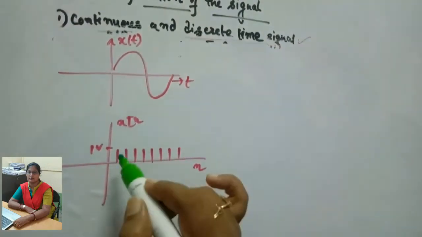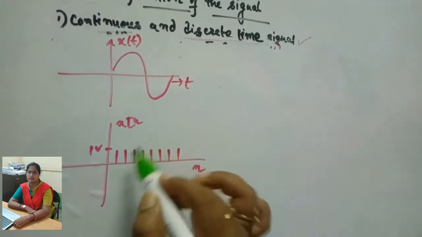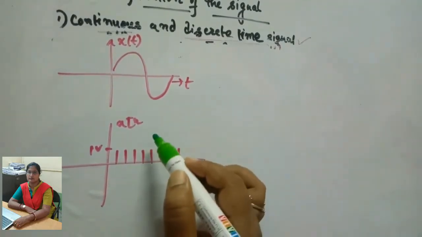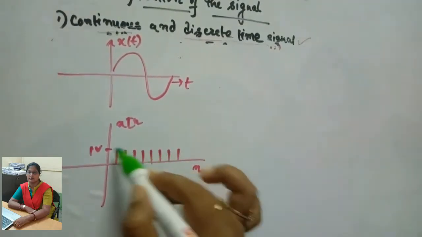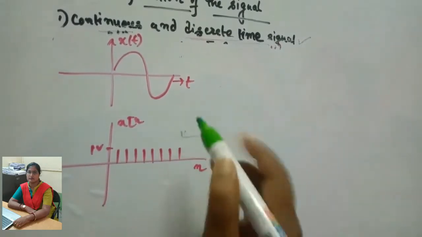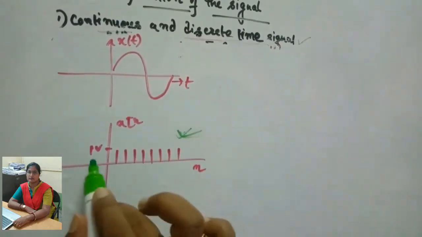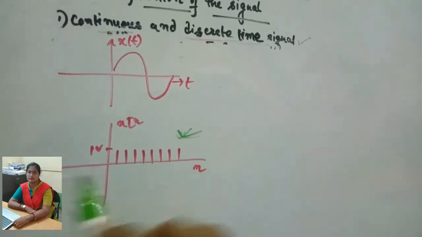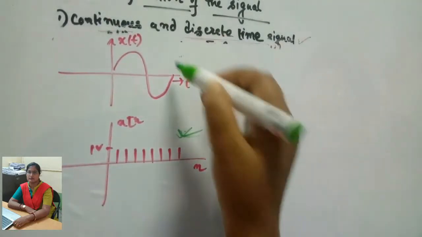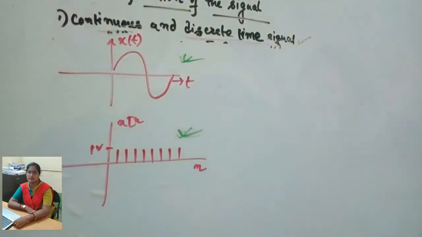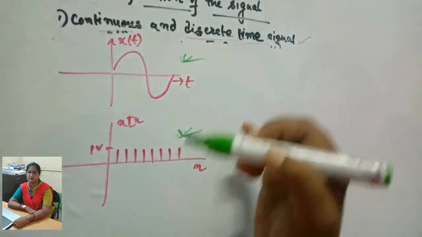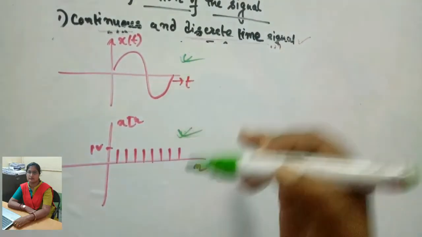For example, here I am multiplying the signal x(t) with a pulse train having 1 volt amplitude, to convert this continuous signal into discrete time format.